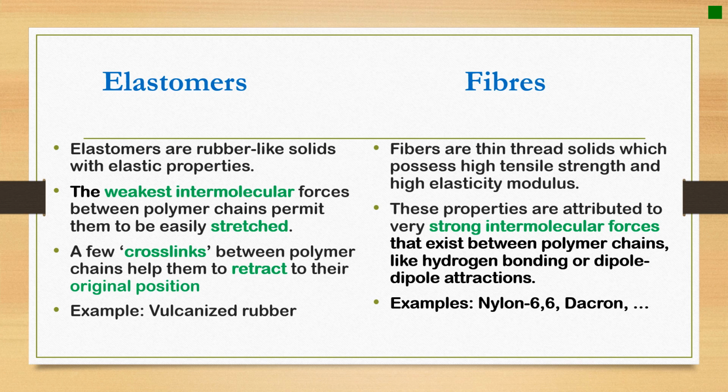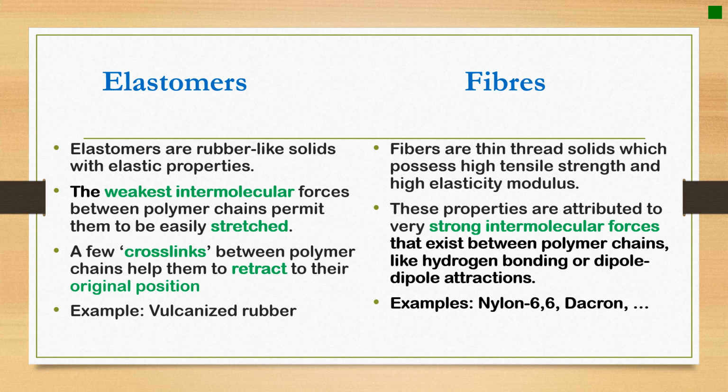I know very well that when there is a tension force that is applied, they change their size. They extend or they expand in volume. And when this is removed, they regain their original position.